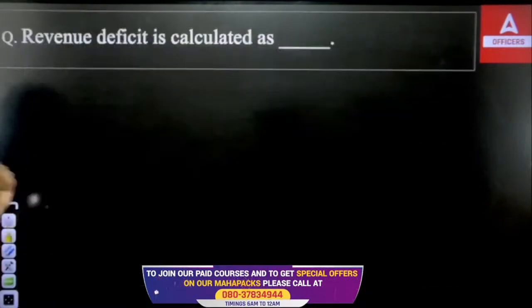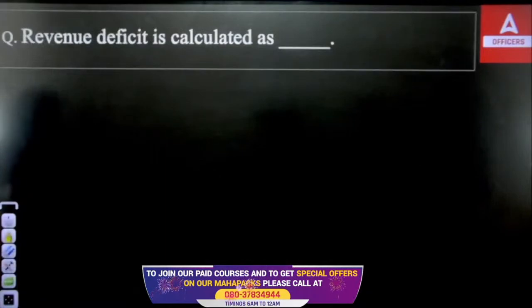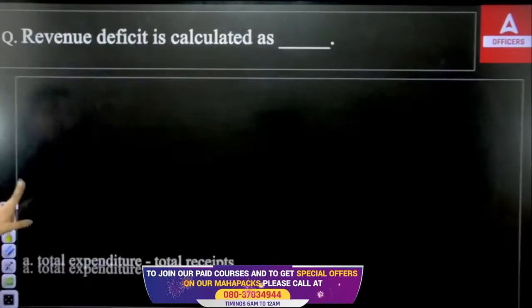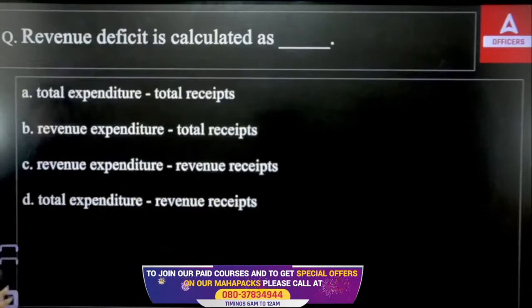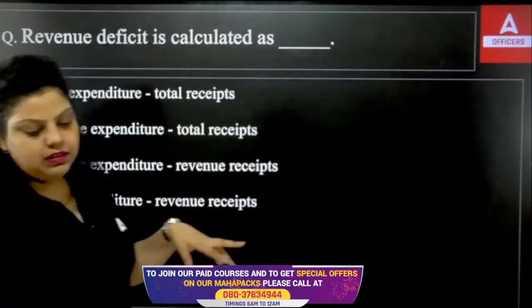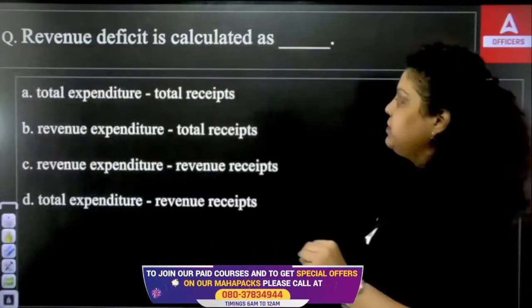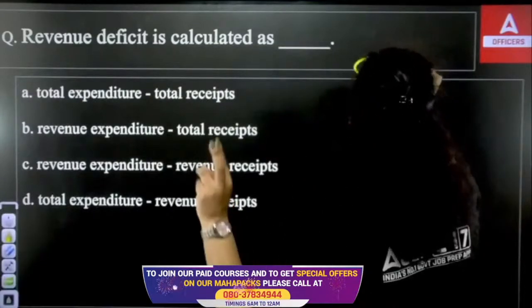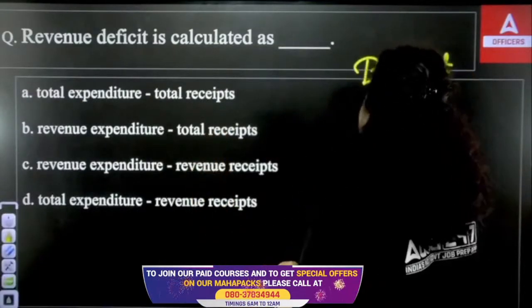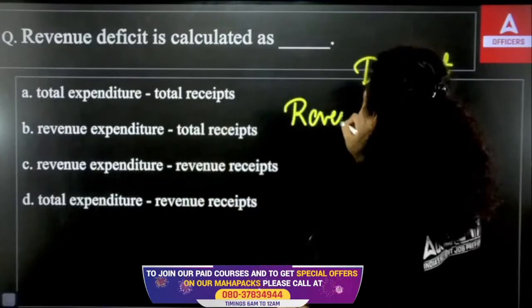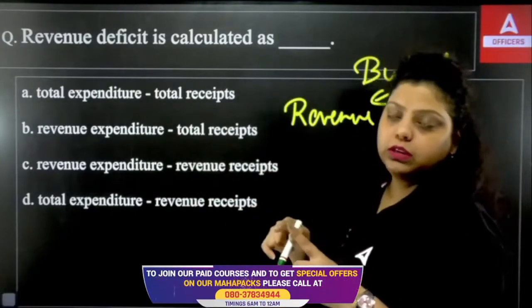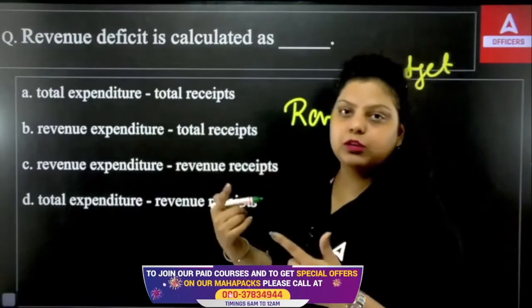Next, revenue deficit is calculated as. I will give you the understanding of what revenue deficit means. Actually, the budget has two components. The first is the revenue budget, the short-term budget of the Government of India, which talks about daily income and expenditure.